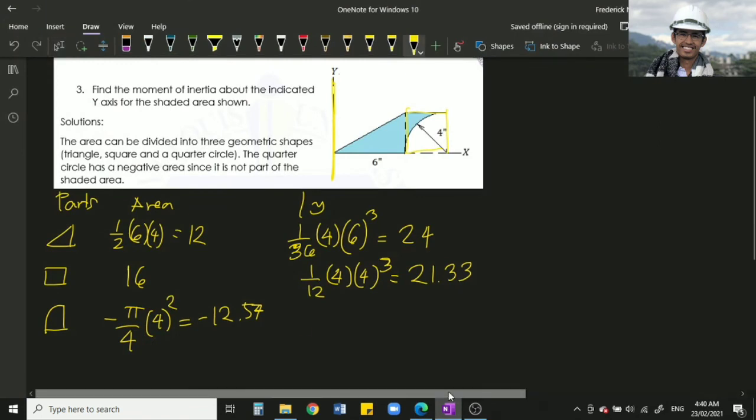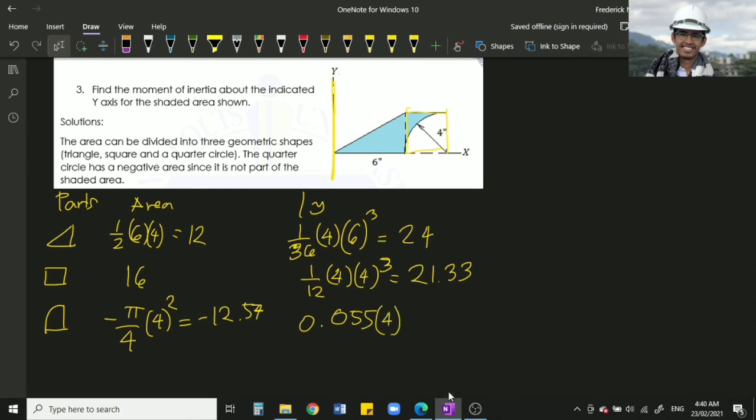So that will be equal to 0.055. Ano yung r natin? Will be 4 raised to 4. So that will be equal to, so negative siya class. So negative 14.08.